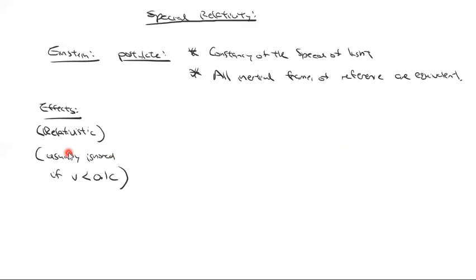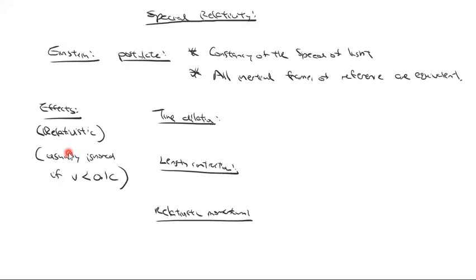The effects you basically need to think about are time dilation, length contraction, and relativistic momentum. There's also a formula that you don't need to know, but it helps you work out relativistic velocity, how velocities relate to each other when you're talking about relativistic effects.